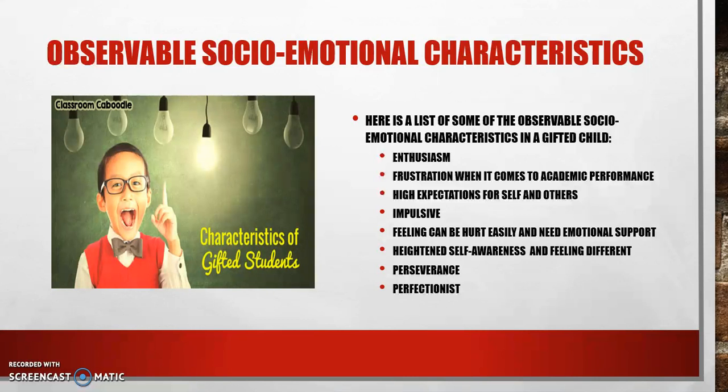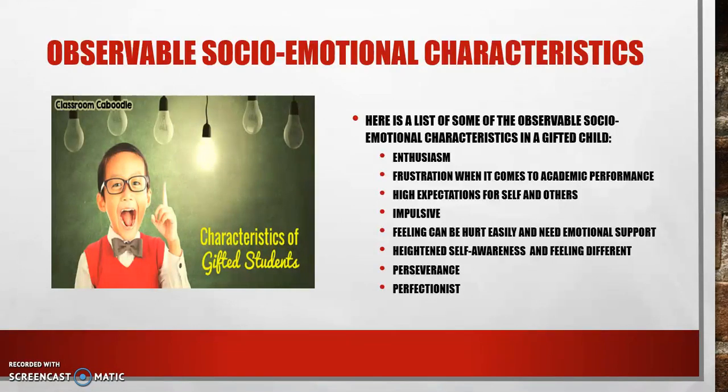Observable socio-emotional characteristics. Here's just a short list. They're very enthusiastic. They can get frustrated when it comes to academic performance, which plays into them being perfectionists. They have high expectations for themselves and others.